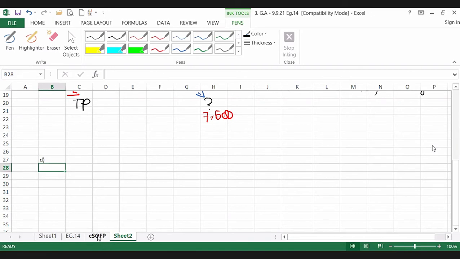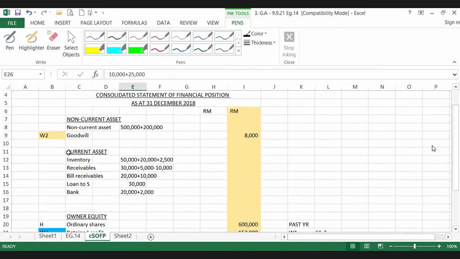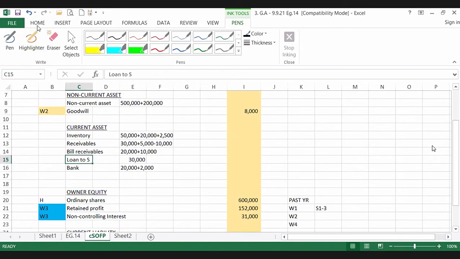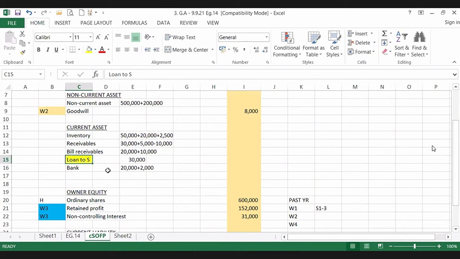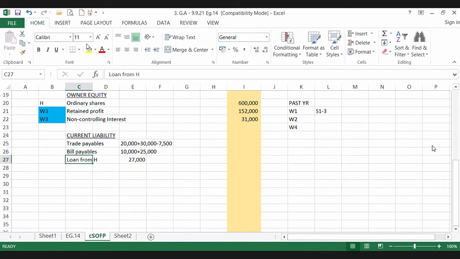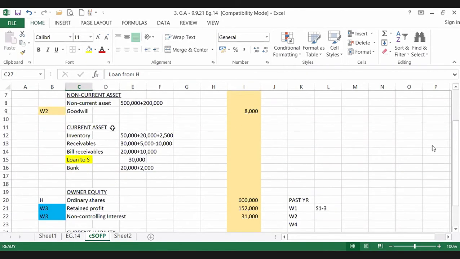So if you observe here, do you realize or not? In our financial statement, we have loan to S under current asset. We have loan from H under current liability. So who records the loan to S? Holding or subsidiary? It was the holding column.